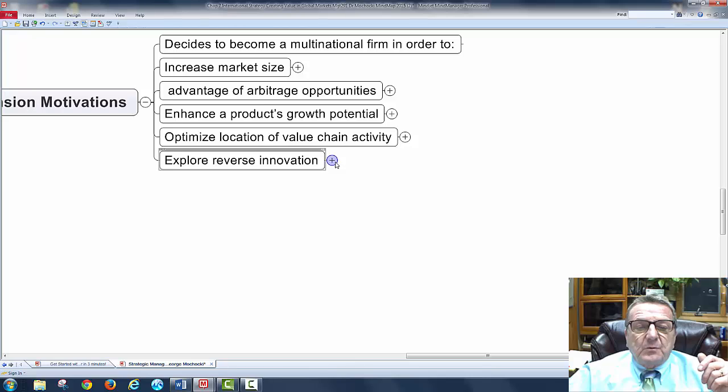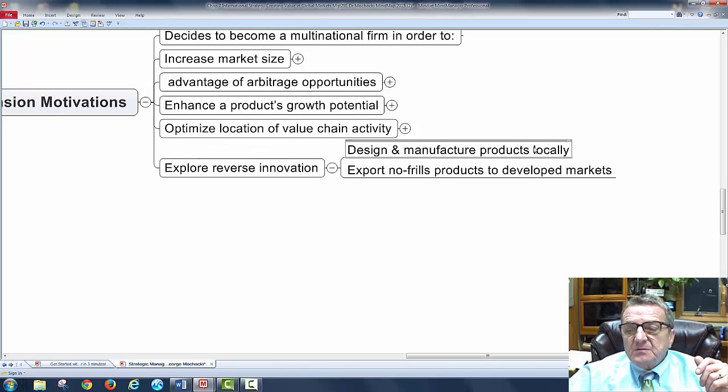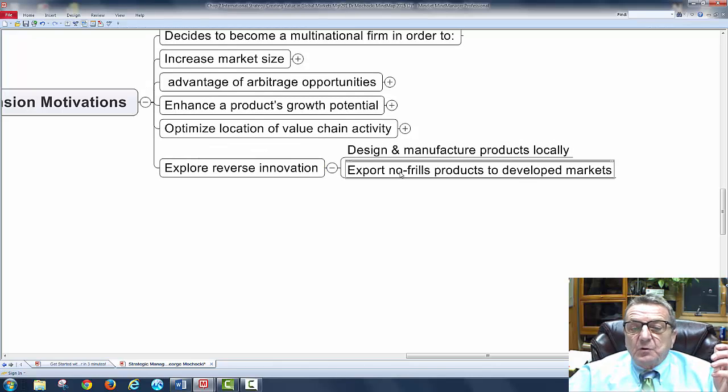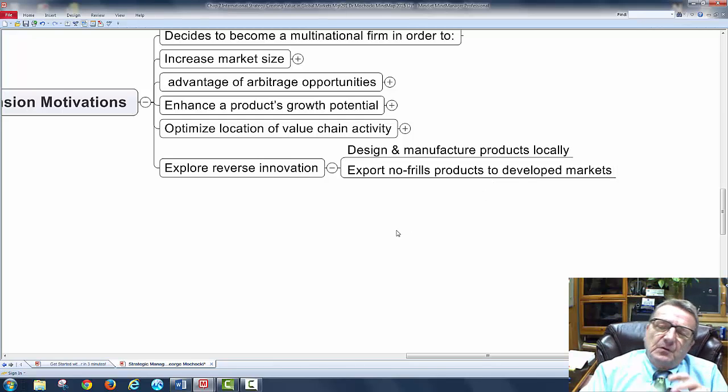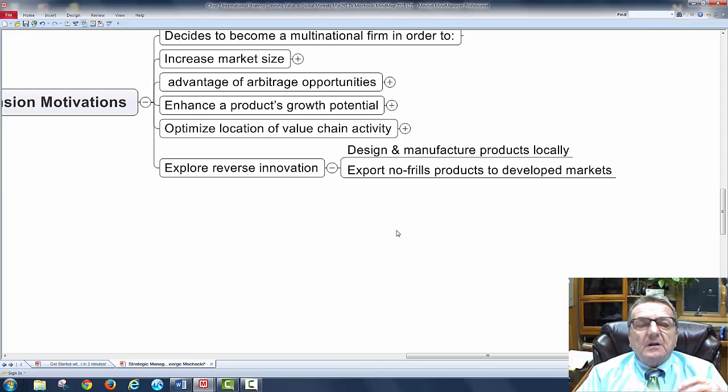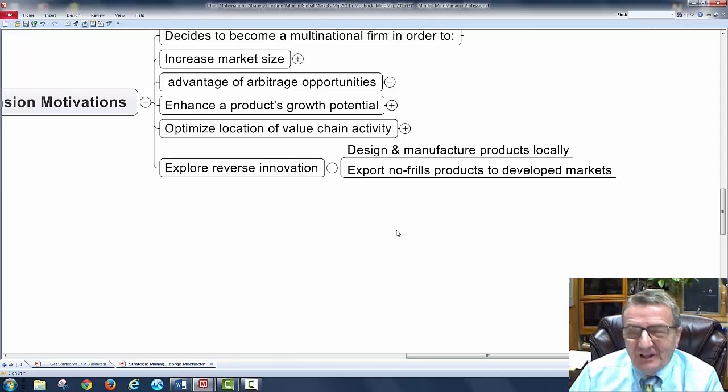Okay, explore reverse innovation: design and manufacture products locally, and export no-frills products to develop markets. When I say no-frills products, remember, if I'm looking at cars, everyone has to have air conditioning, a GPS, and I'm not talking about the safety issue, I'm just talking about all the little things that we take for granted: power windows, air conditioning, power seats, heated seats, fully loaded.